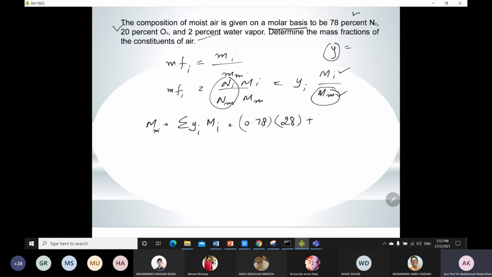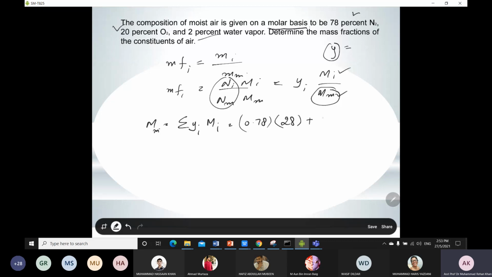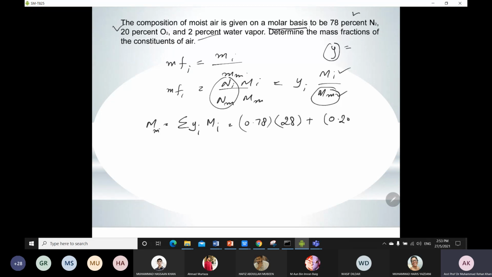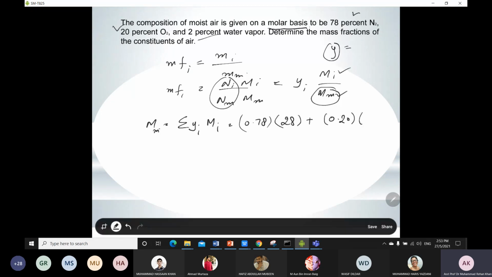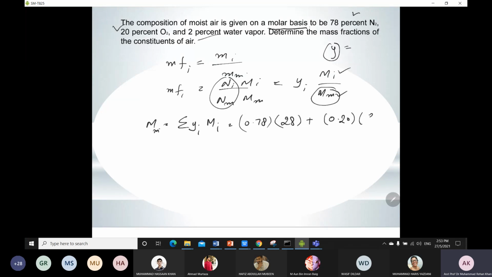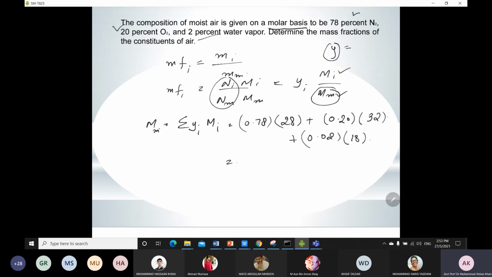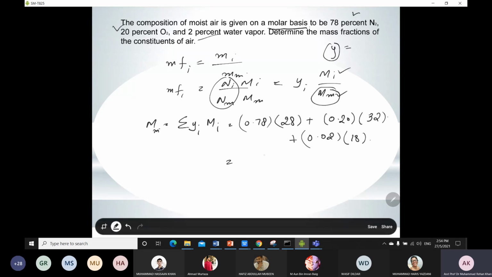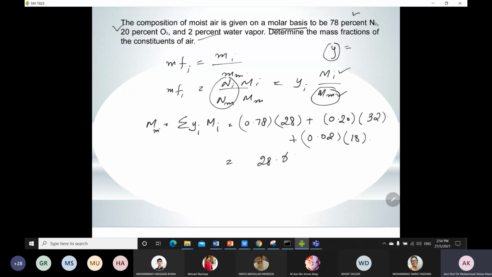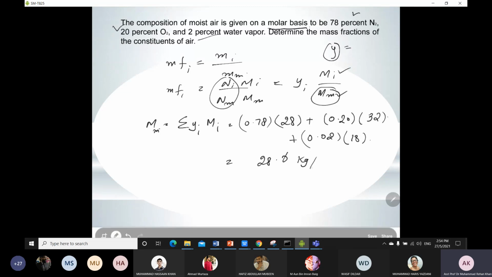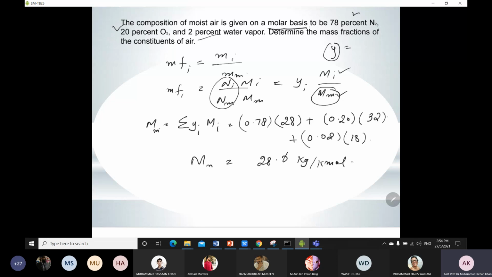Similarly, we add the mole fraction of O2, which is 0.2, times the molar mass of O2, which is 32, plus the mole fraction of H2O, which is 0.02, times the molar mass of H2O, which is 18. If we add all these values, it will be equal to 28.6 kg per kilomole. This is the molar mass of the moist air mixture.